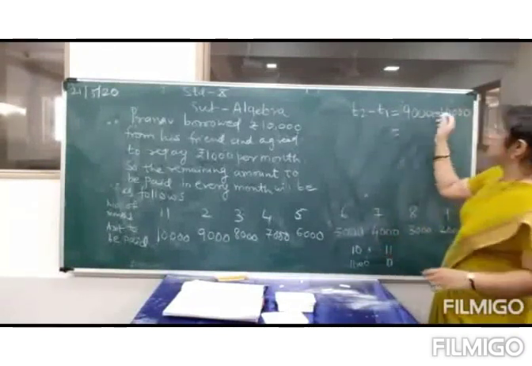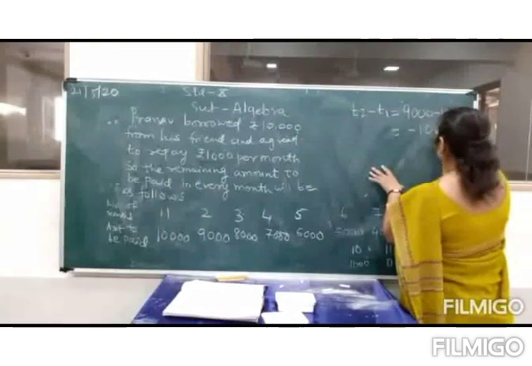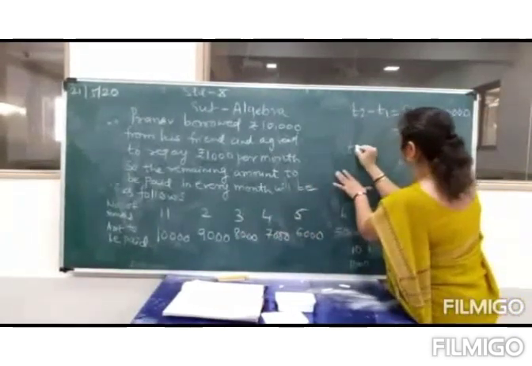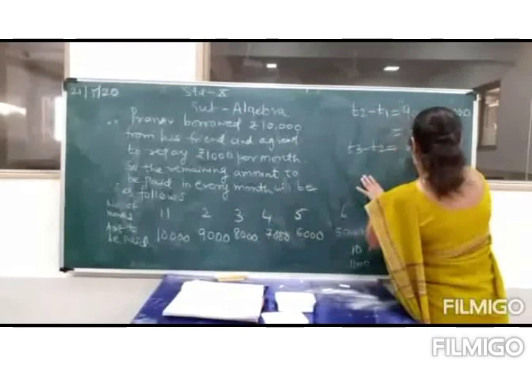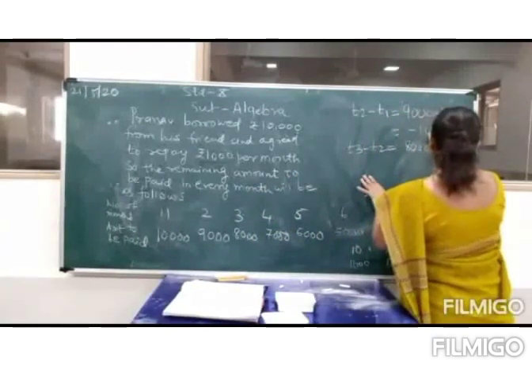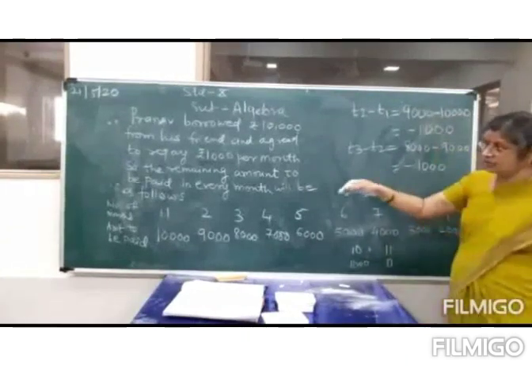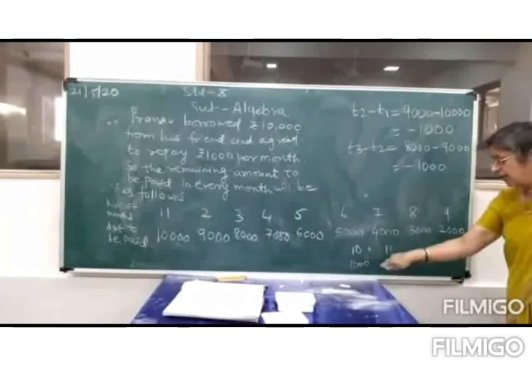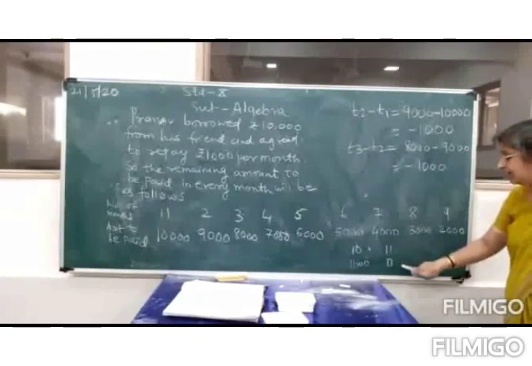Now 9,000 minus 10,000, what answer will you get? Minus 1,000. Similarly, if you see T3 minus T2, that is 8,000 minus 9,000, you will get here minus 1,000. Now if you go till the 10th month, then in the 11th month you will get 0.